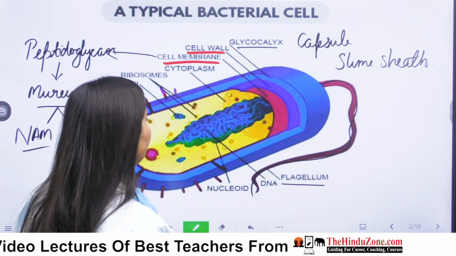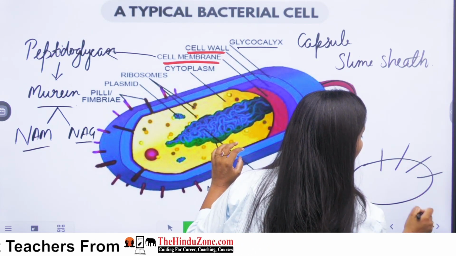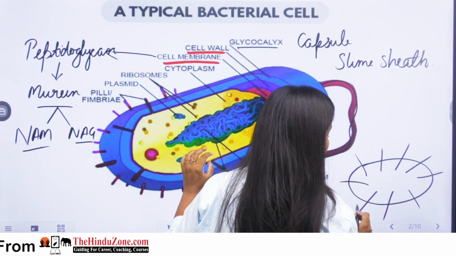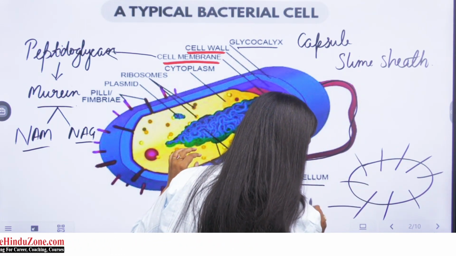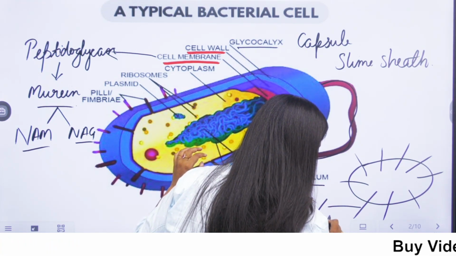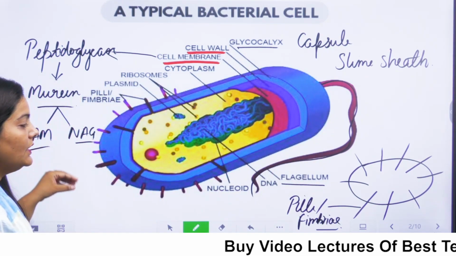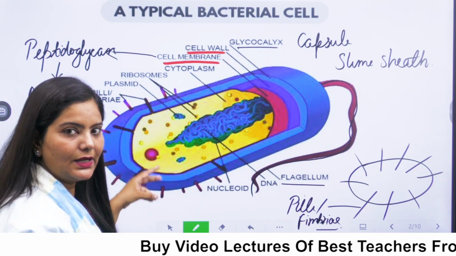Apart from this, bacterial cells can have a number of other cytoplasmic extensions. They are called pili or fimbriae. What are pili or fimbriae and what is their purpose? Let's understand this.